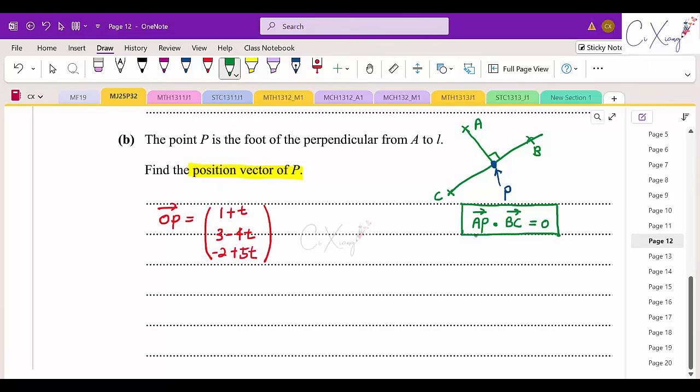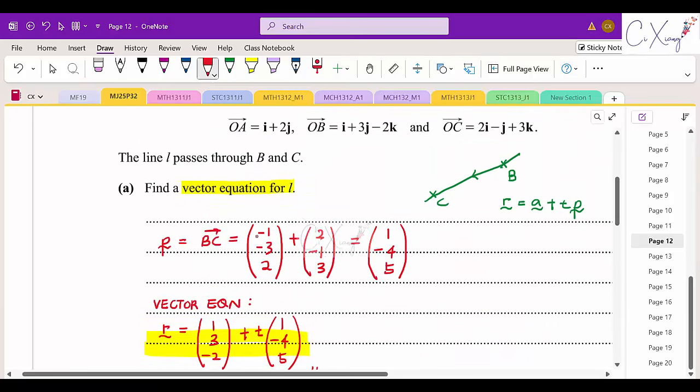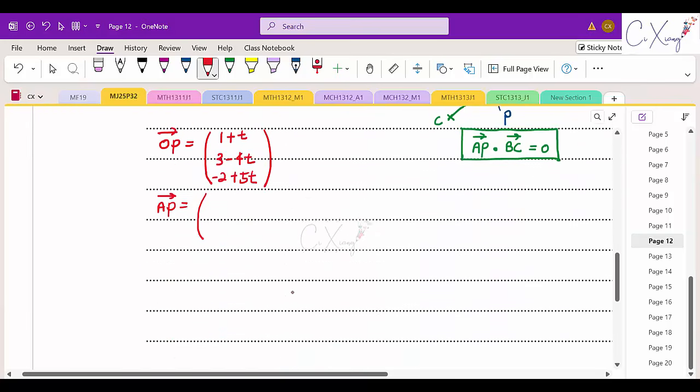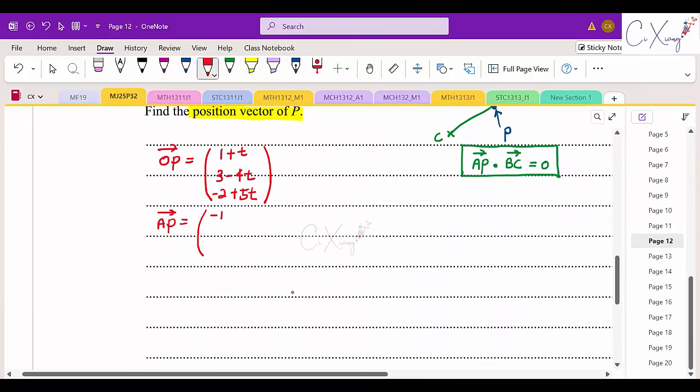Now I need to find the AP. So second step, I need to get the AP first. How do I get the AP? AP means AO plus OP. OA is 1, 2, 0, so AO will be -1, -2, and also 0, then plus OP.